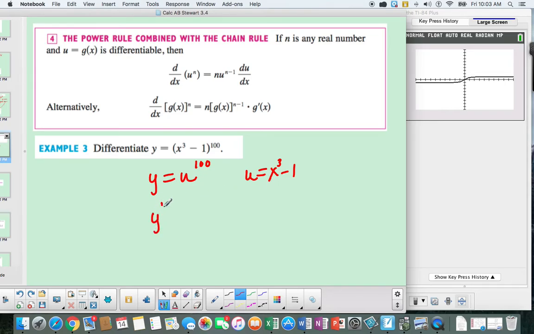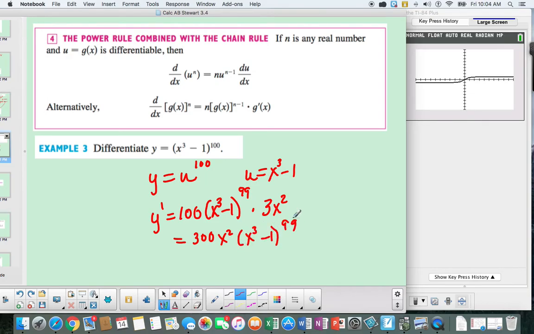So y prime will be equal to 100, I'm going to use my power rule, evaluated at my inner function, to the 99th power. That takes care of the first part of the chain rule, times the derivative of the second part, 3x squared. And you can simplify a little bit by multiplying these out. And that's about the best you can do.